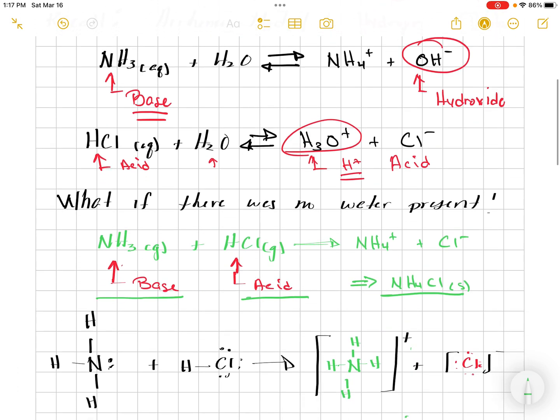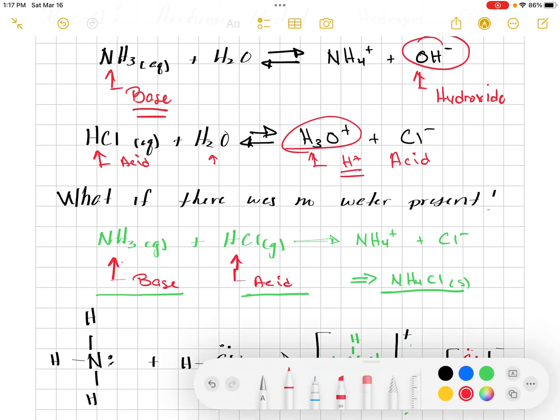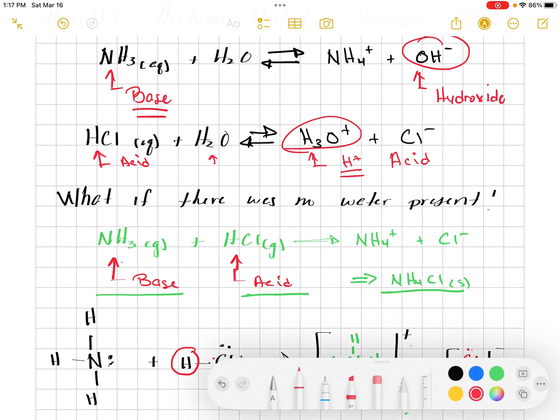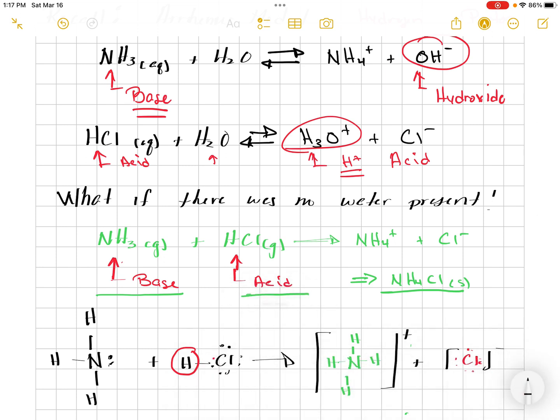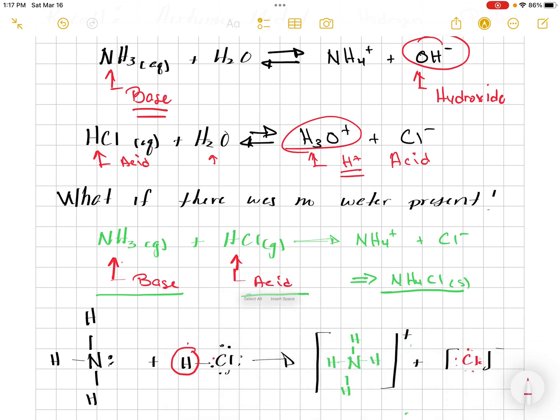Let's take a look at what's happening here. Here's the Lewis structure for ammonia. When ammonia reacts with hydrochloric acid, this hydrogen, which has given its one electron to chlorine, is then released and transferred over. So this hydrogen is going over here and is being donated to the ammonia.